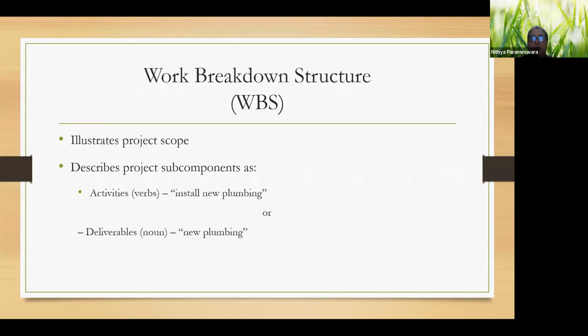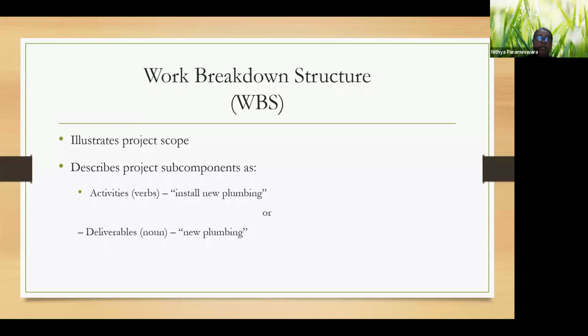Our work breakdown structure will illustrate what is within our project scope. It will help us to further define what our project scope is. When we are describing the work subcomponents in our project, there are two ways that we can do this. We can talk about them as activities, using verbs.